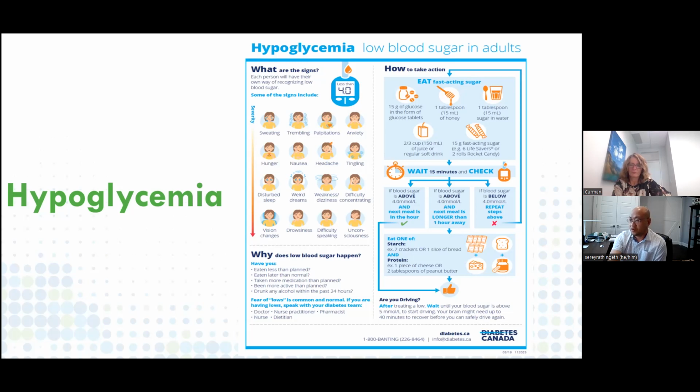And if your blood sugar is still less than 4 after checking it again, then you have to repeat the process, take another sugar load. And you definitely should not be driving when you have low blood sugar.